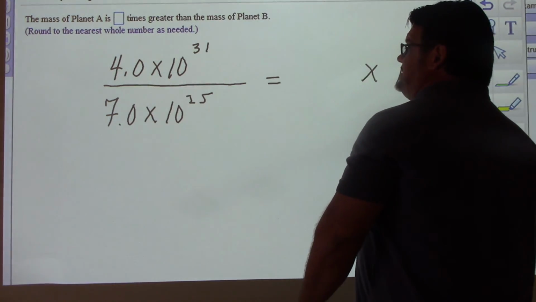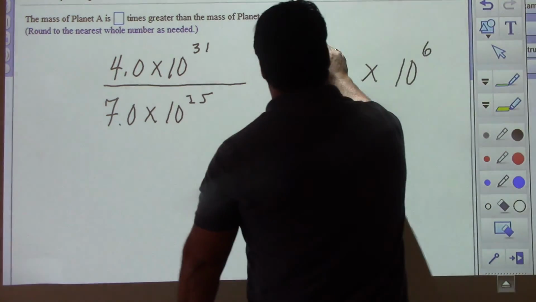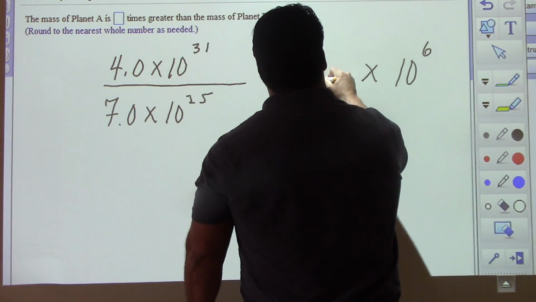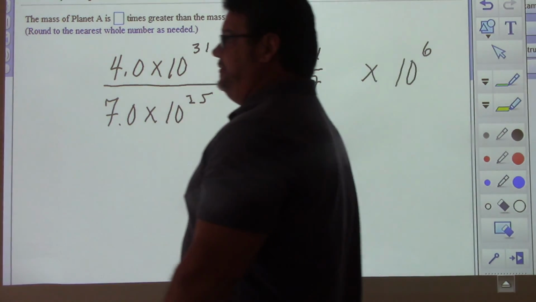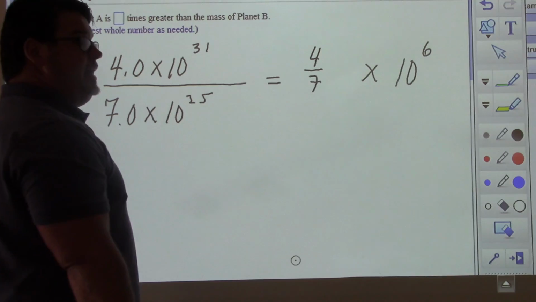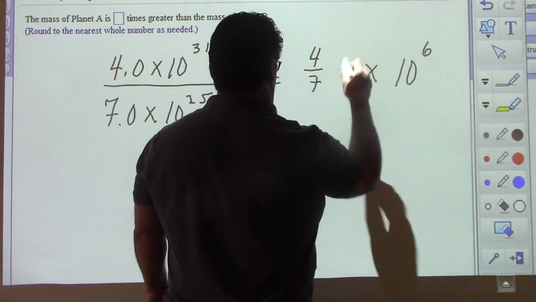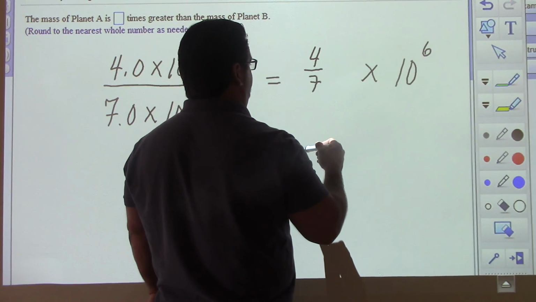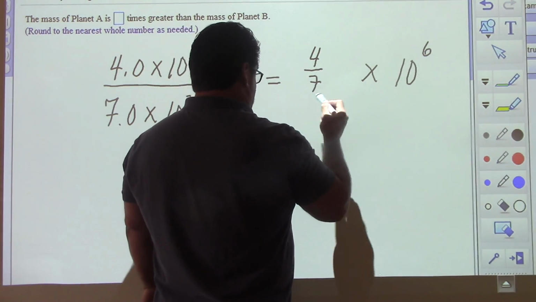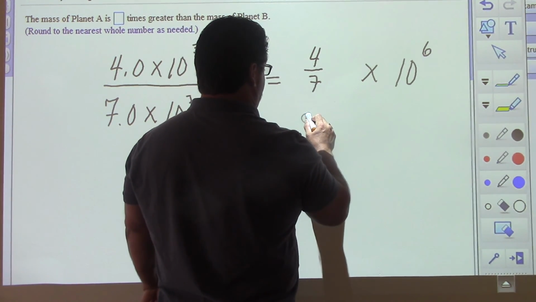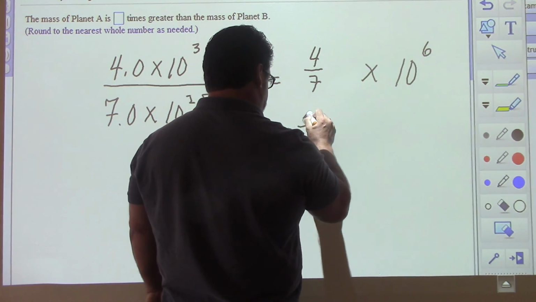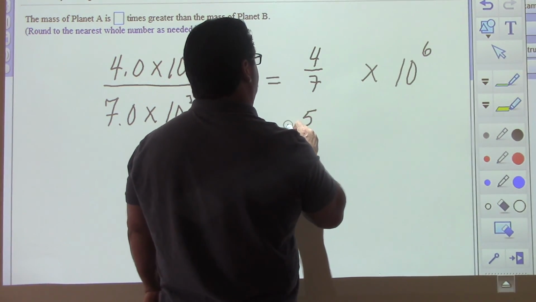And 4 divided by 7, I have no idea, so I'm just going to write 4 divided by 7 because I'm going to do it in my head, because you shouldn't have to use a calculator for that. 7 will go into 40. 6 times, that's 42, so it'd be 5 times. 5 times 7 is 35. So that'd be point.